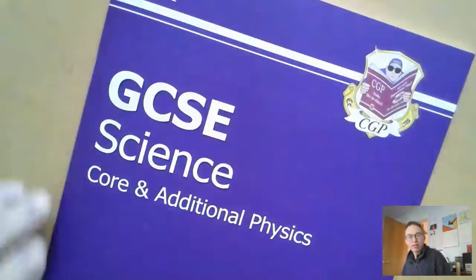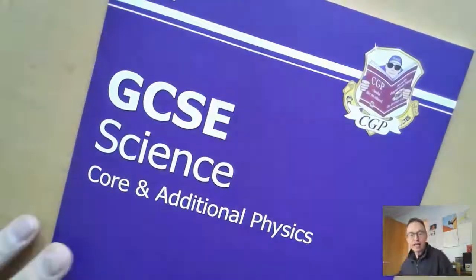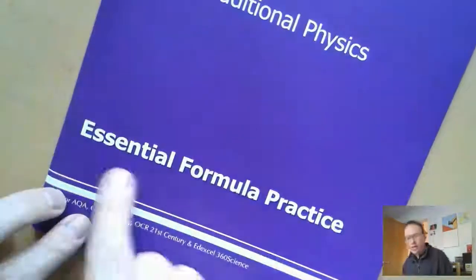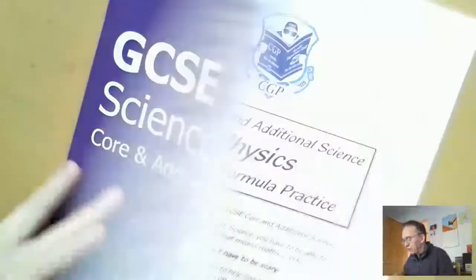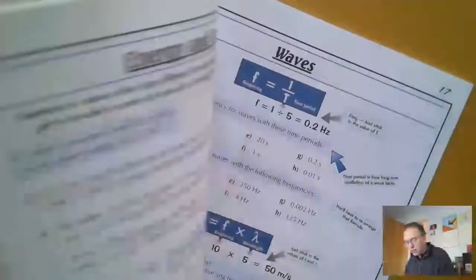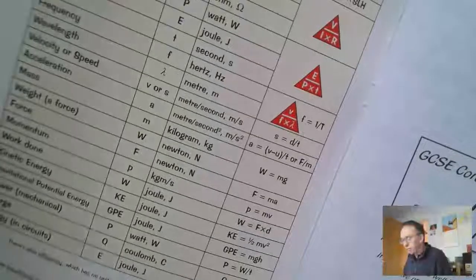I've been to the library of Spence Towers and had a little look, and I came up with this. This is for GCSE Science, for additional physics, and it's formula practice. I didn't know I had this. So I looked it up, and this is produced, by the way, by the CGP publishing house, which is an excellent source of cheap and information-filled books.